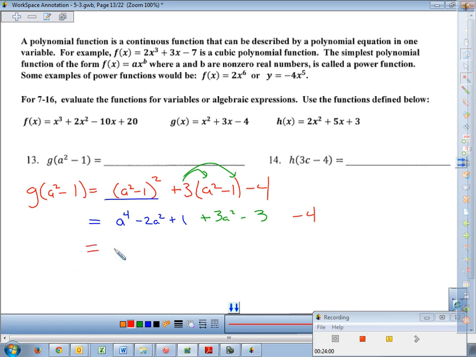Combine any like terms that could be combined and put it in standard form if it's in one variable, which this is in one variable. So highest degree to lowest degree. It's negative 3, negative 2, negative 6. Is that right? So then I got a to the fourth plus a squared minus the 6. Lovely.